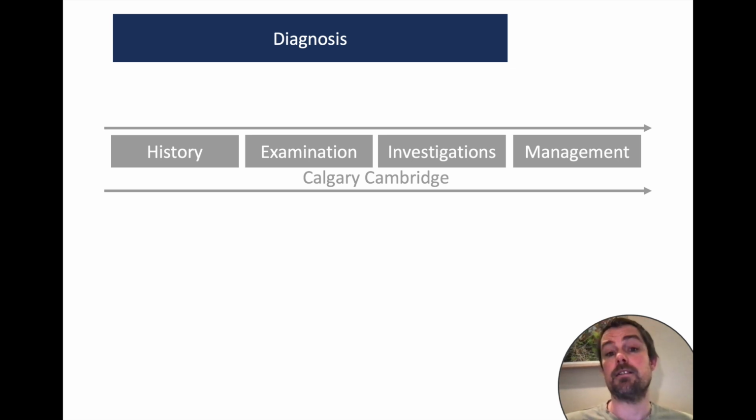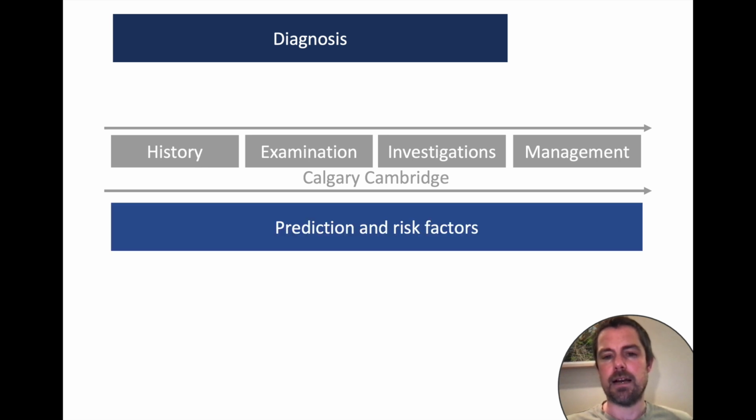Another aspect that we utilize in the science of our everyday practice relates to considering risk factors. Think about primary prevention of cardiovascular disease. There might be aspects of the history, signs, tests, and we might want to use a clinical prediction rule to support our management of patients.